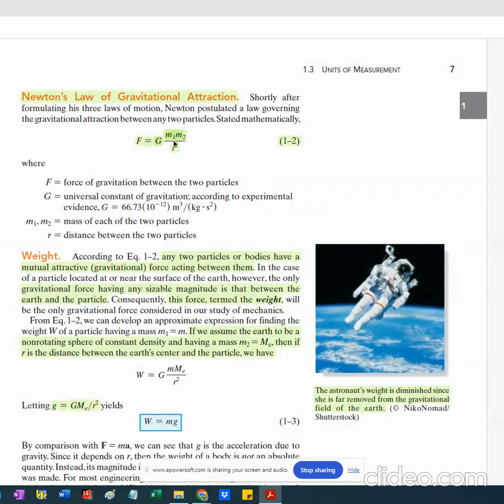Any two particles, like two watermelons on a table, attract each other with a force, but because the masses are so small and this constant is likewise so small, 10 to the negative 11, these forces are minute. However, Earth having such a big mass makes this force significant.